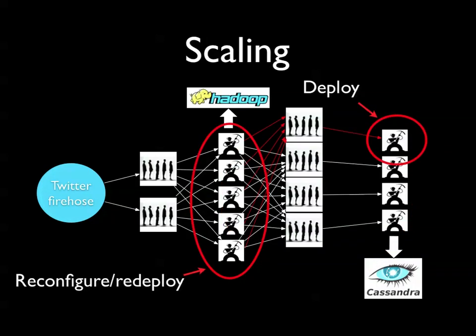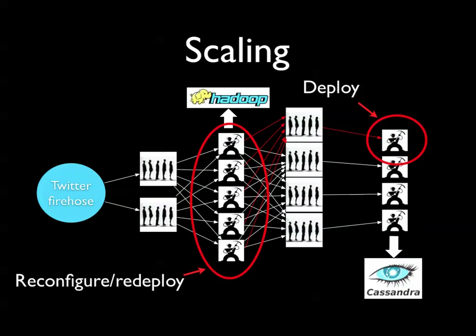Now you can start to see where there are problems with this architecture when you look at what you need to do when you need to scale this system. Let's say that we need more workers to be updating Cassandra. To add a worker to that set of workers, you have to first of all deploy that new worker, and you have to deploy a new queue for that worker. Probably a logical queue, not necessarily a physical queue.